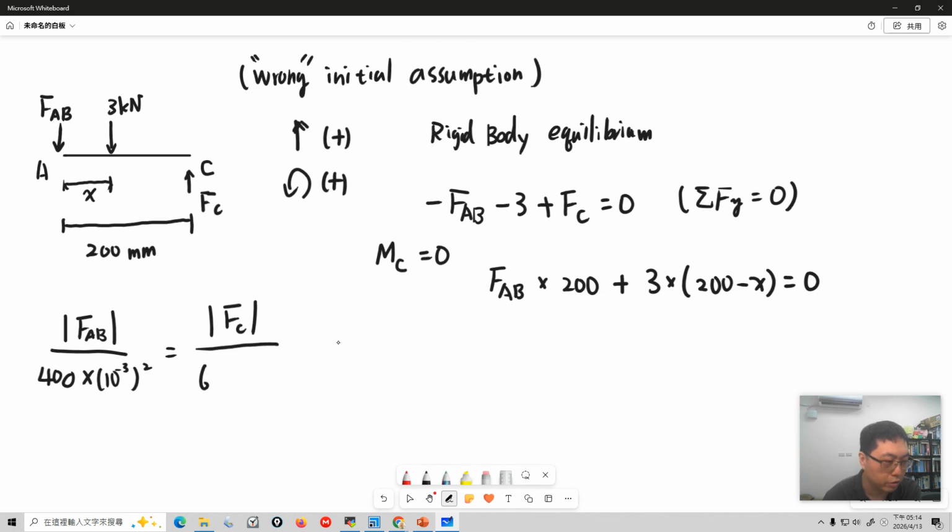With all these three conditions, I think you can solve the problem.